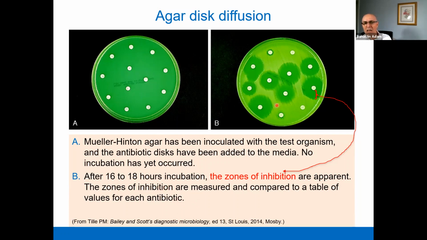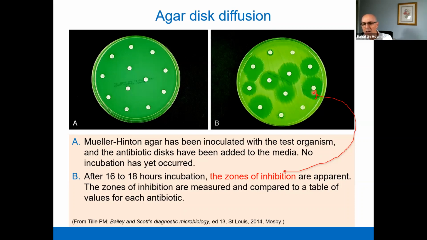After that, as you see here, each disc represents a different antimicrobial agent, an antibiotic, and we know which disc represents which antibiotic. Now you see here, this is a zone of inhibition. What does it mean? The larger the zone of inhibition, the more effective the antibiotic.